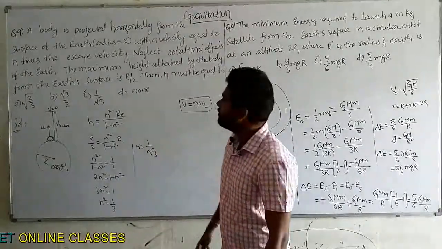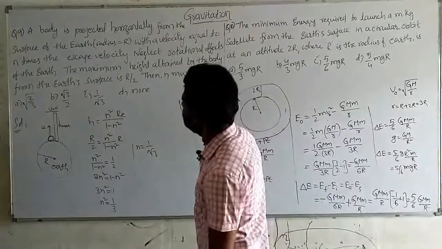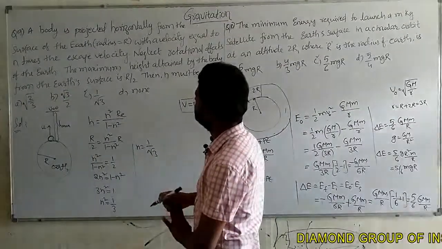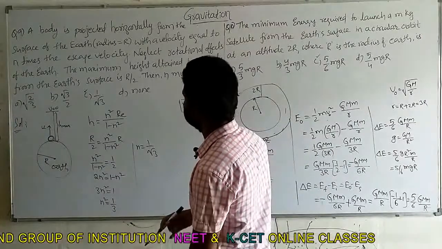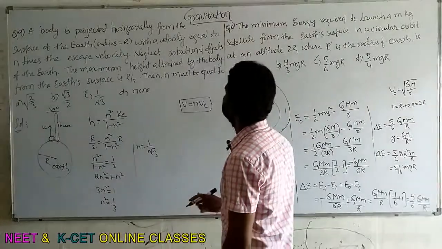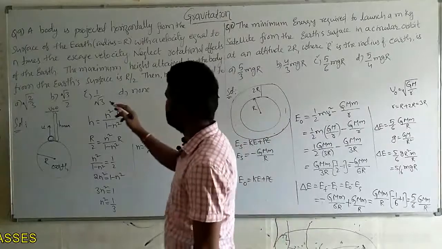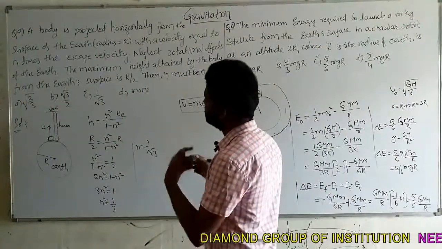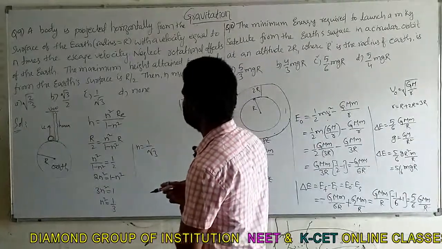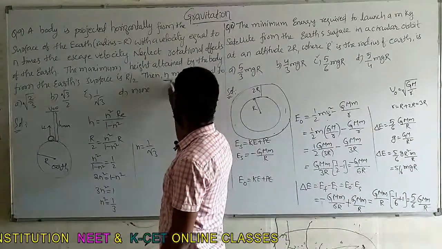Next question. Ninth question: a body is projected horizontally from the surface of the earth, radius R, with a velocity equal to n times the escape velocity. Neglect rotational effects of the earth. The minimum height attained by the body from the earth's surface is R by 2, then n must be equal to? The n value we have to find.